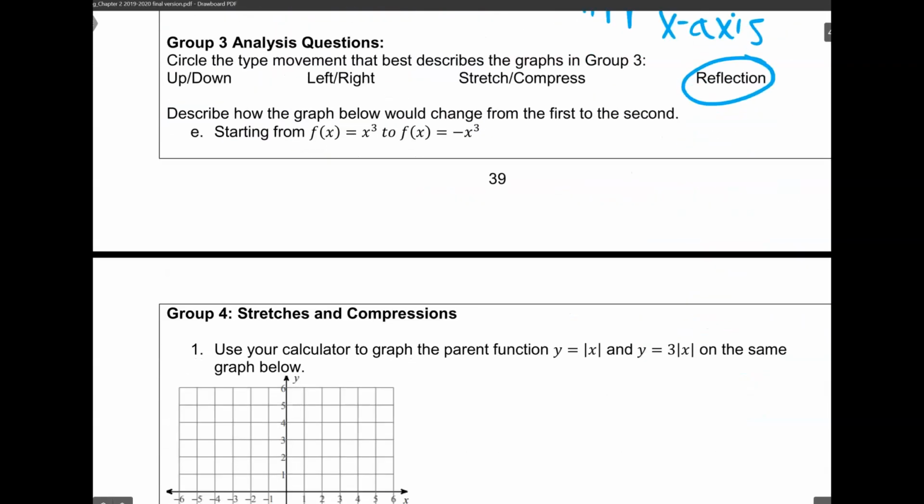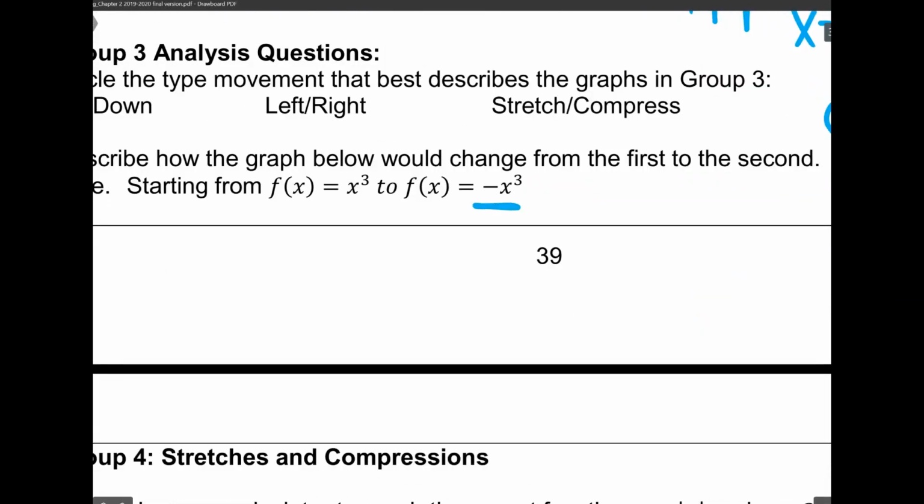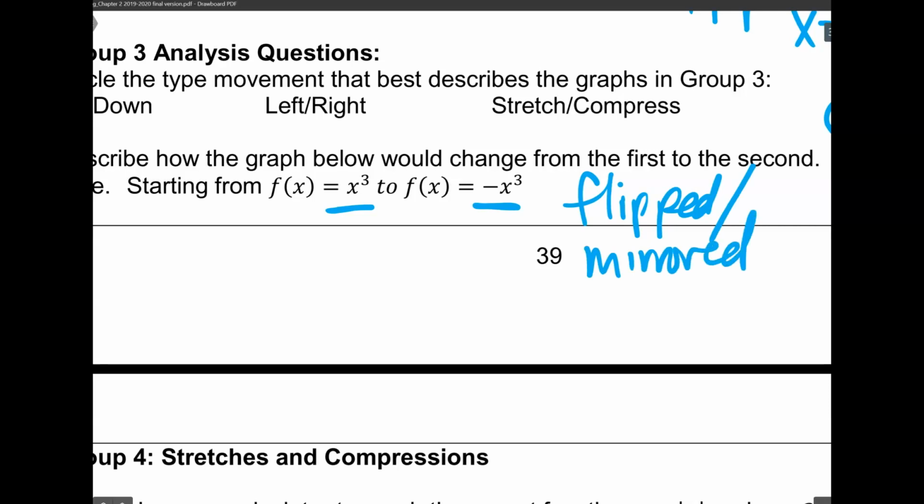So if I'm looking at this one, how would this negative x cubed compare to x cubed? Literally, you would flip the whole thing. Yeah, exact same thing. It's like a mirror. Flipped. Mirrored. And we're going to go through, and this is how we'll end.